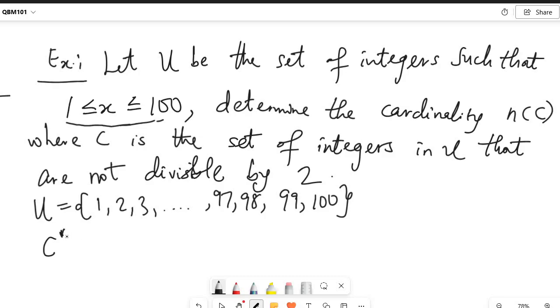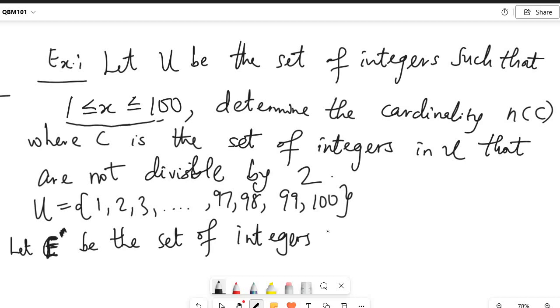If you don't understand that, let's do it this way. Instead of saying C prime, let's just pick, let's say, set E. Let set E be the set of integers in U that are divisible by 2. Now this is easy, right?